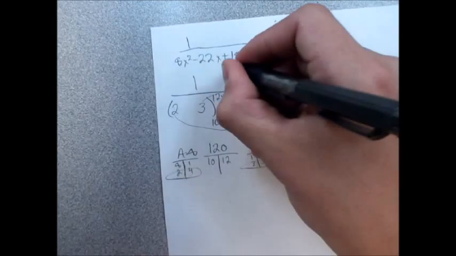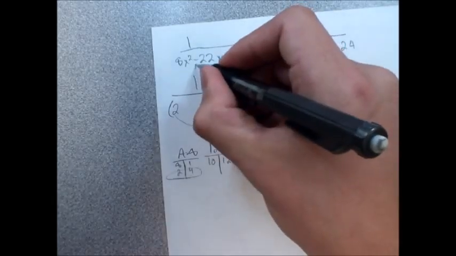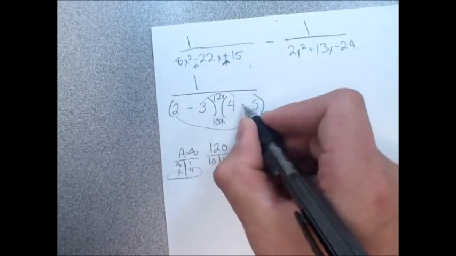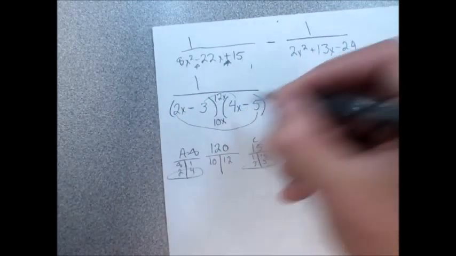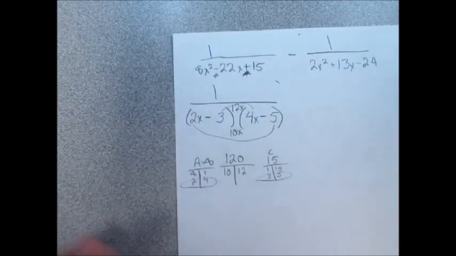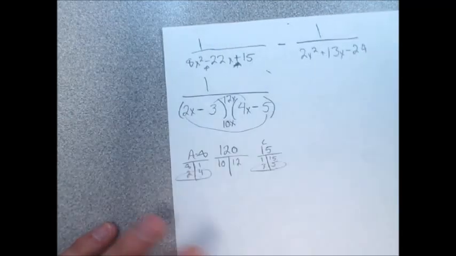Since the back was positive, that's same sign. Since the middle was negative, that same sign is going to be a minus. Since that's just x squared, I'm going to put x's up here with them. So I factored that out. It wasn't super easy, but it's there. And I can quickly check it. It's negative 12x and positive 10x, and it works.